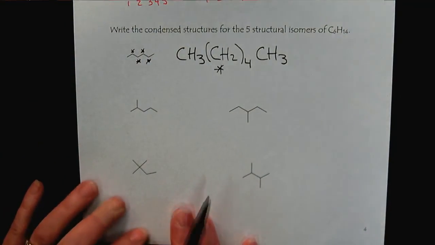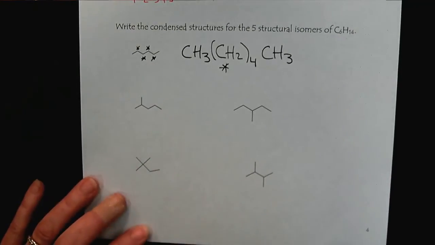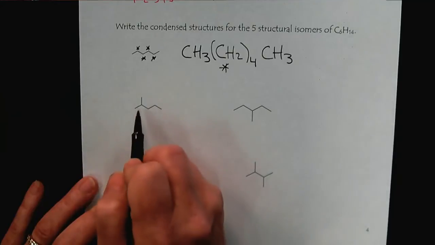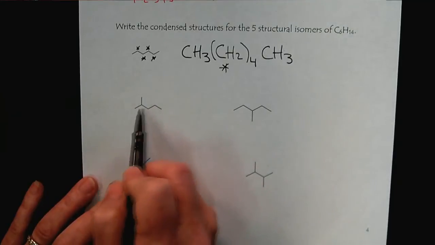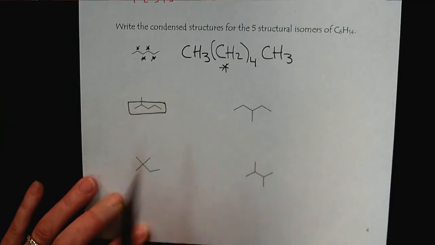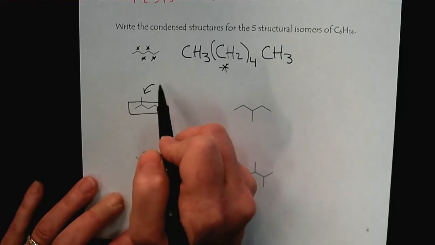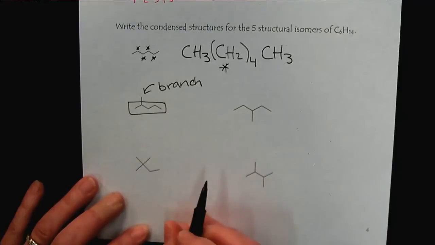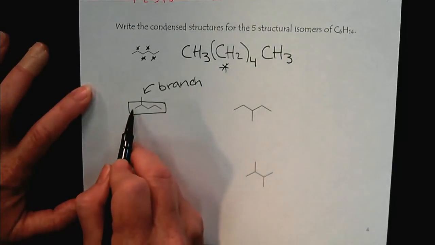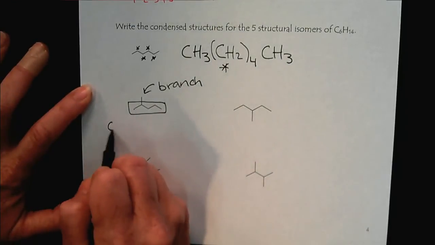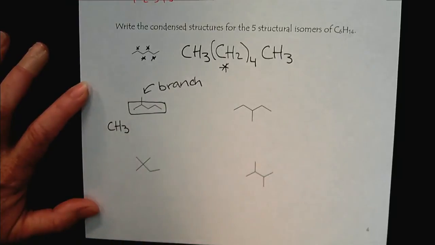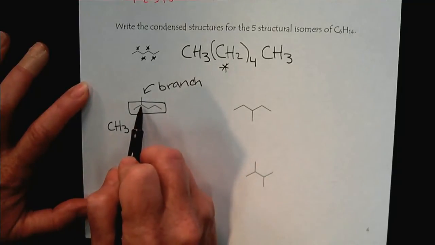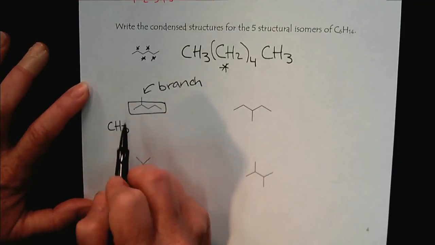Alrighty. Now let's look at this next structural isomer of C6H14. We can represent this by focusing on the skeleton and treating this as a branch. So let's do it that way first. Here is our terminal carbon, CH3, and then we get to this carbon with a branch.